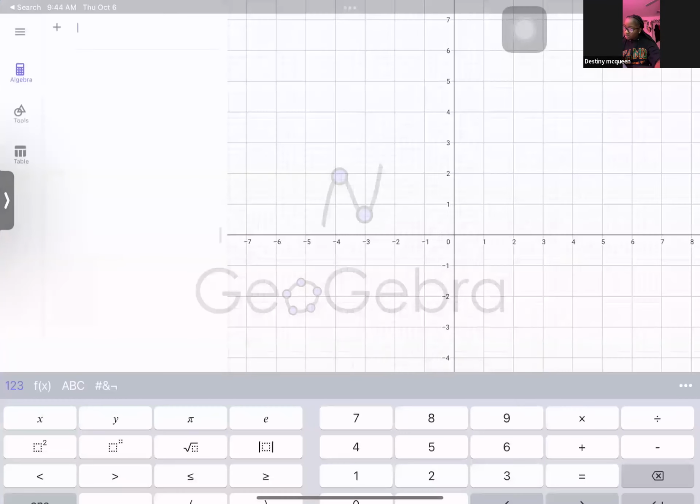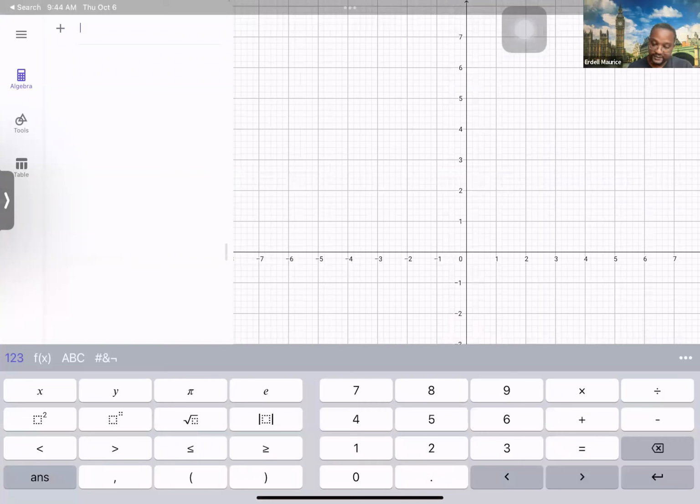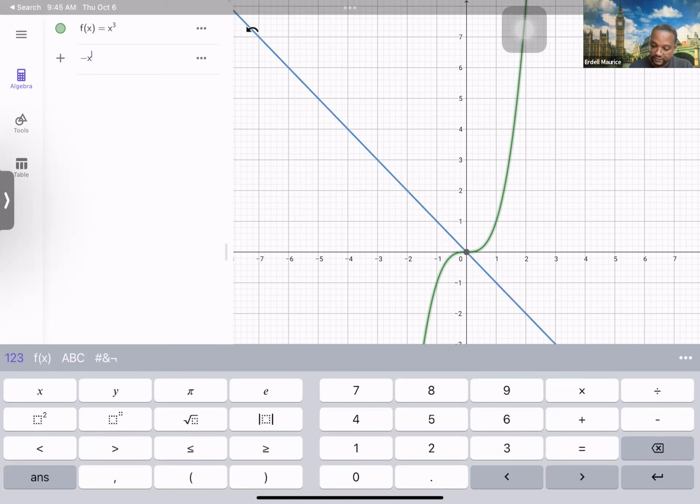That's it. Yes, ma'am. So for example, if I have x raised to the third power, I have a function right here. If I was to put negative x to the third power, I'm going to get the same graph.